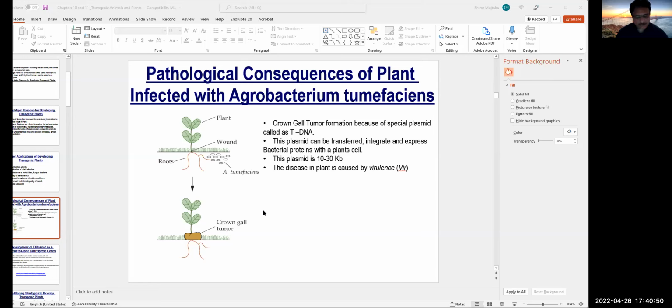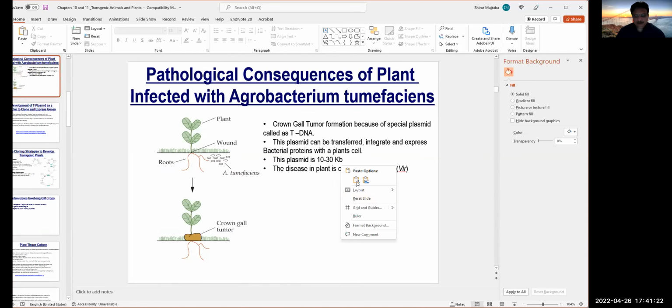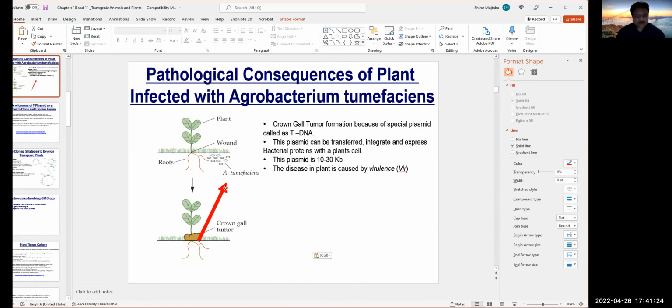But as far as science is concerned, plant biotechnologists take advantage, again coming back to bacteria or viruses. There is a bacteria called Agrobacterium tumefaciens, as I mentioned before.